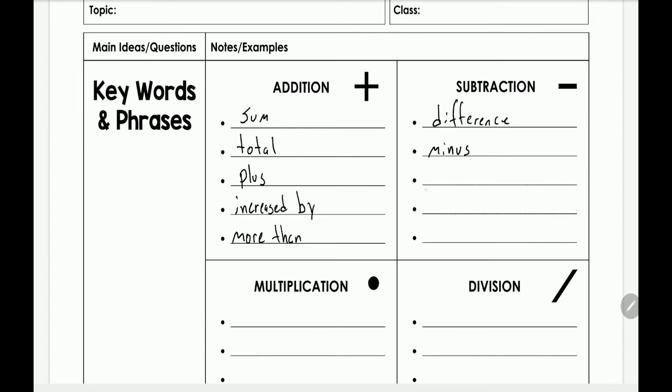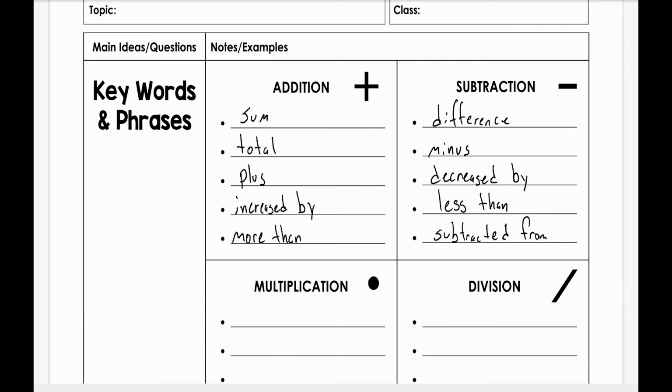And then we could have decreased by, less than, and subtracted from. If we see any of these words, or anything that makes us think of these, it's most likely going to be subtraction. Really, it comes with practice.